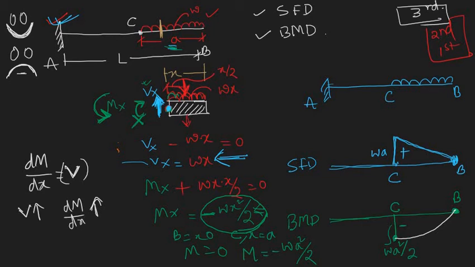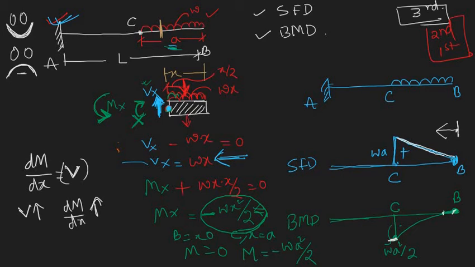In this case, if we consider from this side, you can see that shear force is simply increasing, so the slope of the bending moment diagram should increase. But here this was the slope, and here the slope is 0, so the slope is decreasing, but it should be increasing. So the actual shape of the bending moment diagram is like this. The correct one is this one.